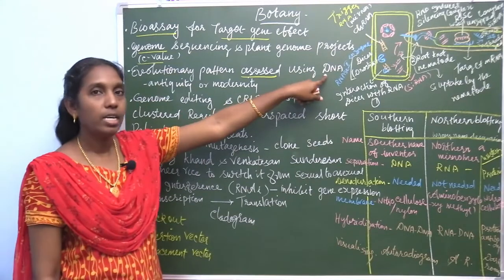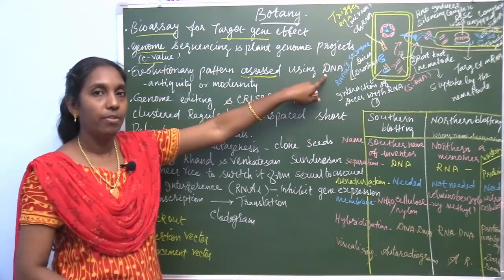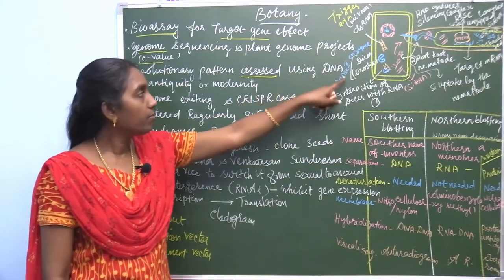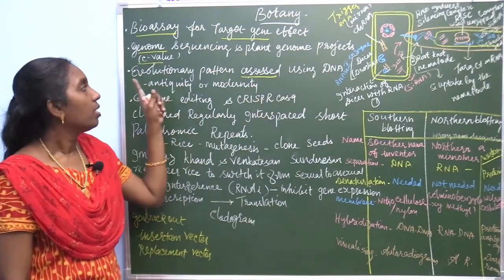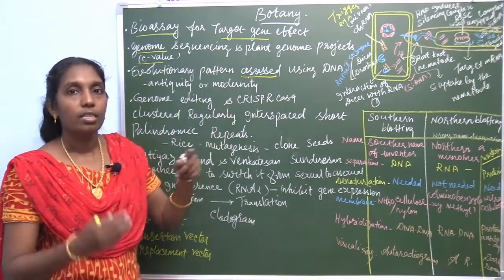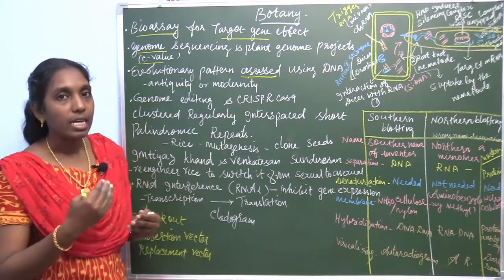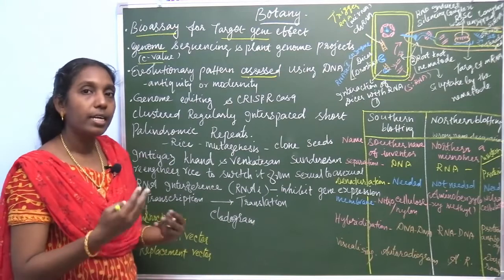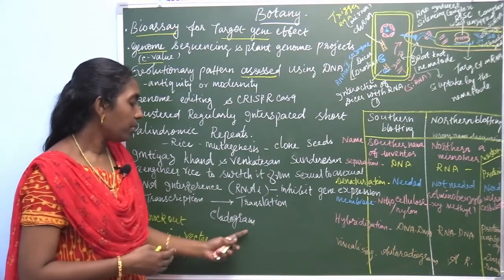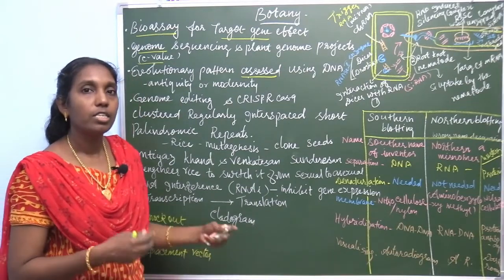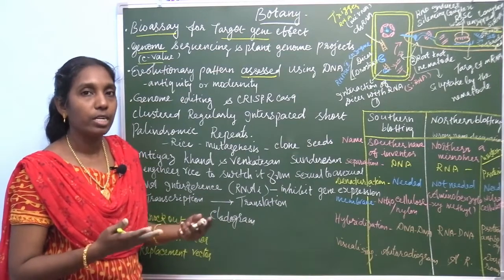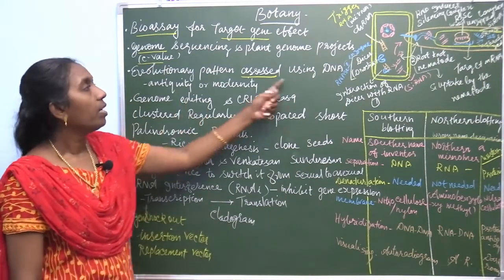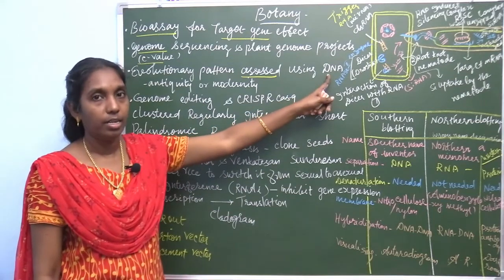Based on the content and characteristics of DNA, the evolutionary trend can be assessed. It is indicated in the form of a cladogram. In short, a cladogram is an evolutionary tree based on the content of DNA.